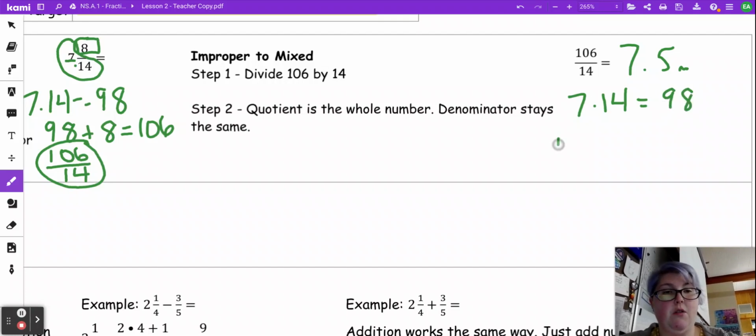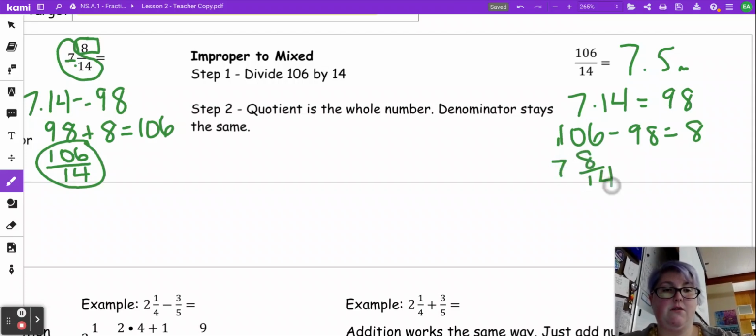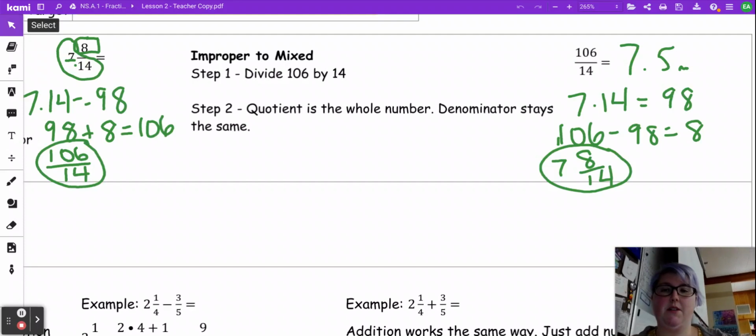And then we know 106 minus 98 will leave us with 8. And now we put the whole thing together. We have 7 and 8/14 as our mixed fraction, which we check. That was the same thing we started with on the other side.